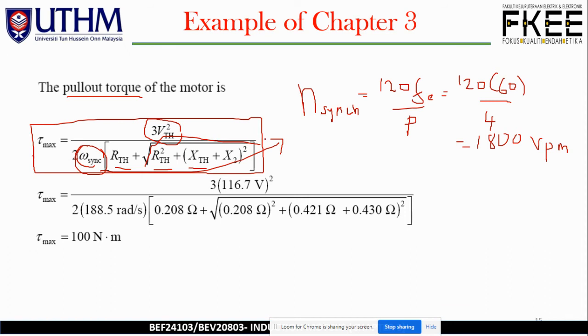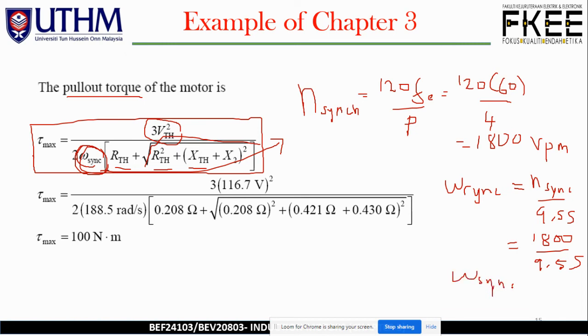And then you need to convert to omega sync. So omega sync is equal to, just to make it short, I divide by 9.55. So you have 1800 divided by 9.55, which gives us 188.5 radians per second.